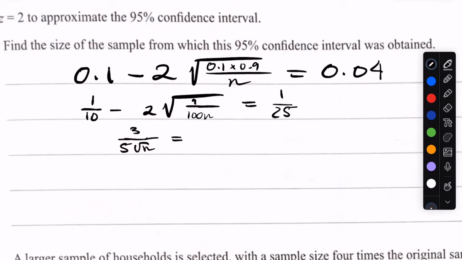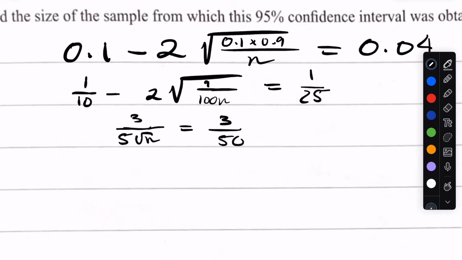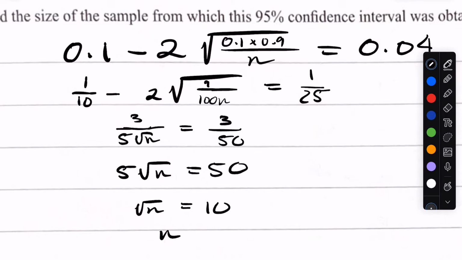So they have a common denominator of 50. So 5 minus 2 is 3 on 50. 5 minus 2, yeah. So the numerators are equal, so the denominators must be equal. 5 root n is equal to 50. Root n is equal to 10, and that means n is equal to 100.